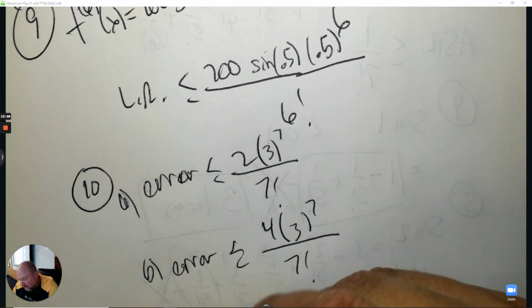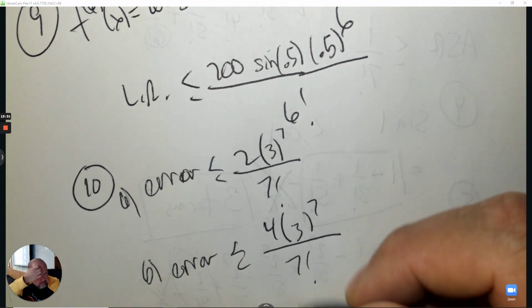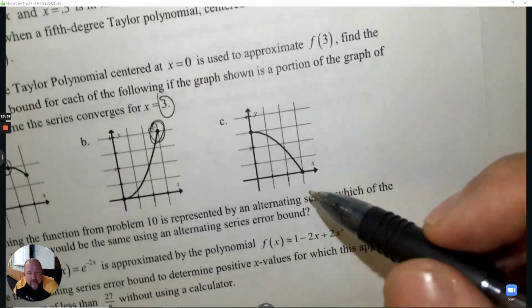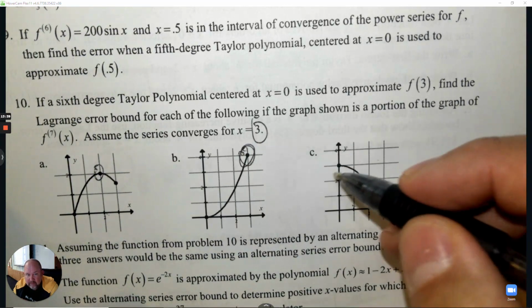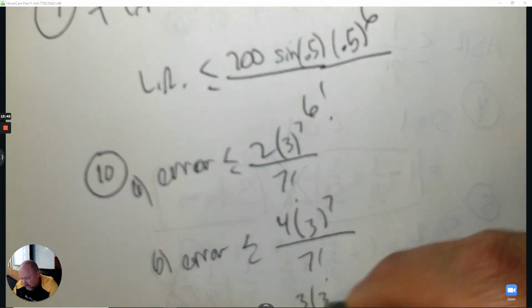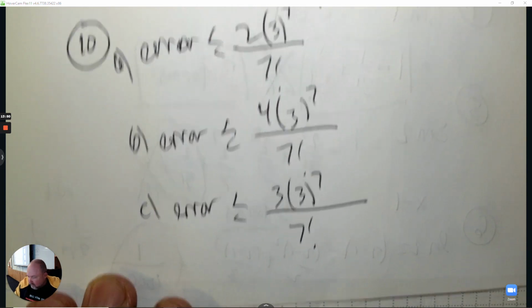And then the error. What's the next one? No, 3. So you find the maximum value on the graph. So the maximum value in that part is 3. And then there's your error approximation. All right, number 11.